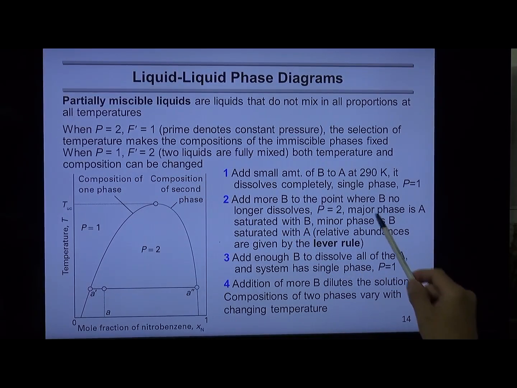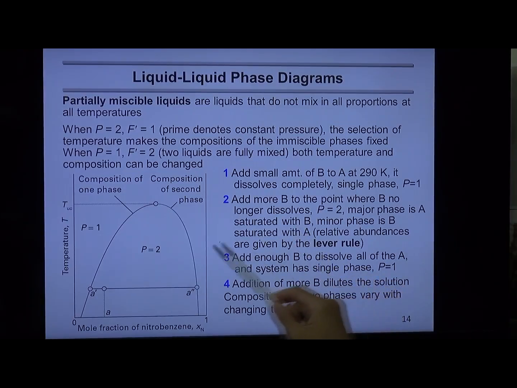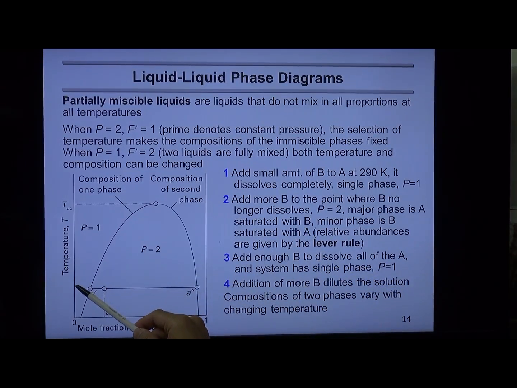The major phase is A saturated with B because there was only A at the beginning, and we add more and more B, right?